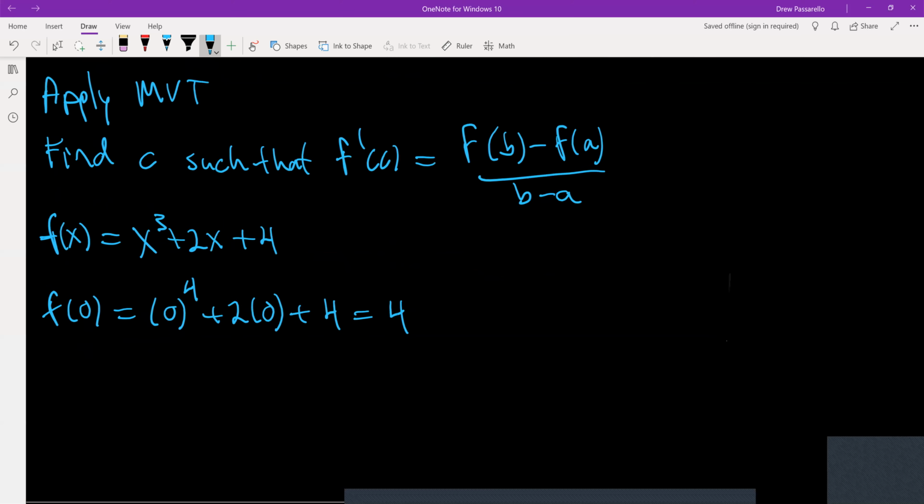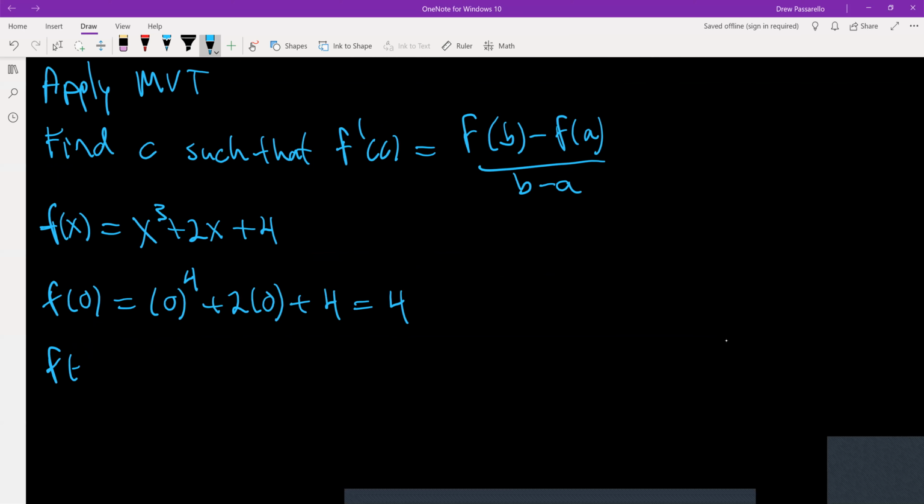Now plugging in -1. -1 to the 4th power is +1. So that's going to be 1. And then -2 plus 4. So 3.